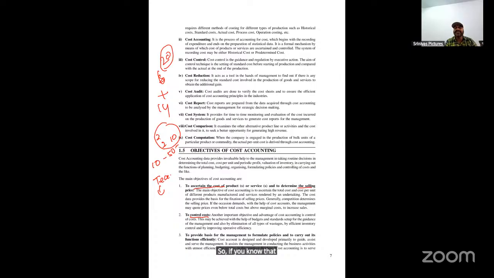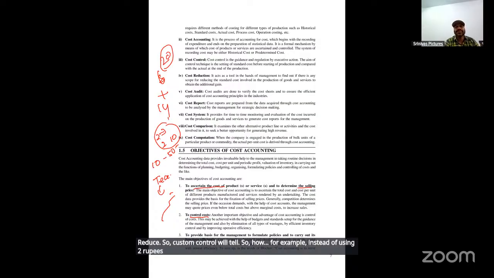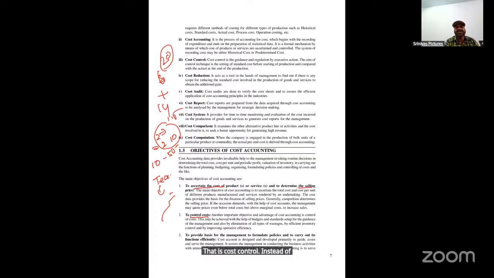If you have an idea of that, then you are able to reduce it. For example, instead of using 2 rupees of tea powder, you can use only 1.5 rupees. That is cost control. Instead of using more sugar, you use only 1.5. Like that, we use it to control the cost.